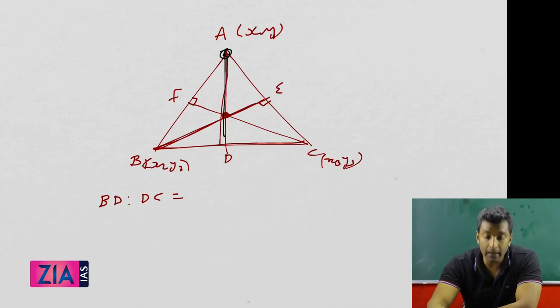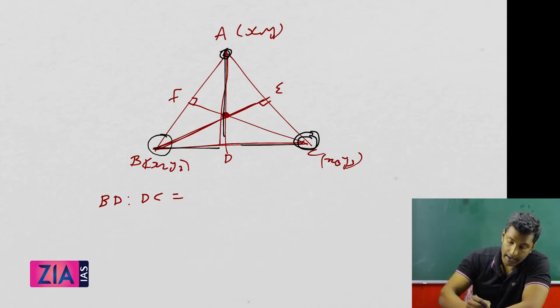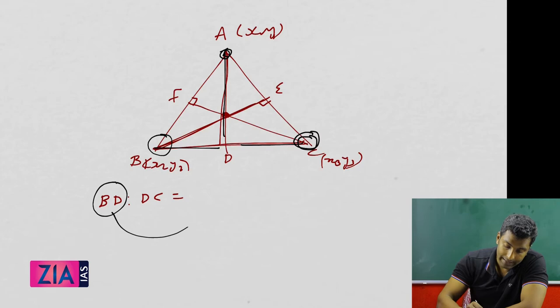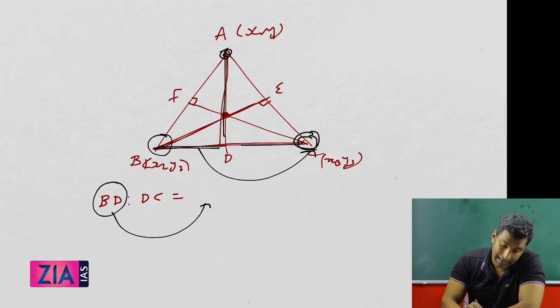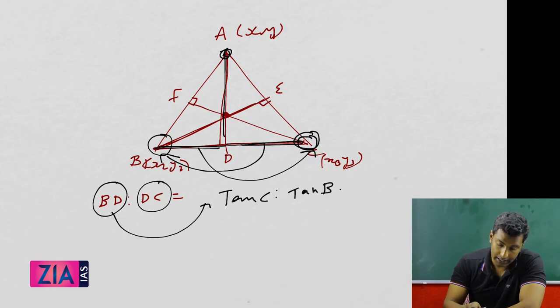BD is to DC equals tan of the angle opposite to BD, that is tan C, to tan of the angle opposite to DC, that is tan B. I hope you understood, right?